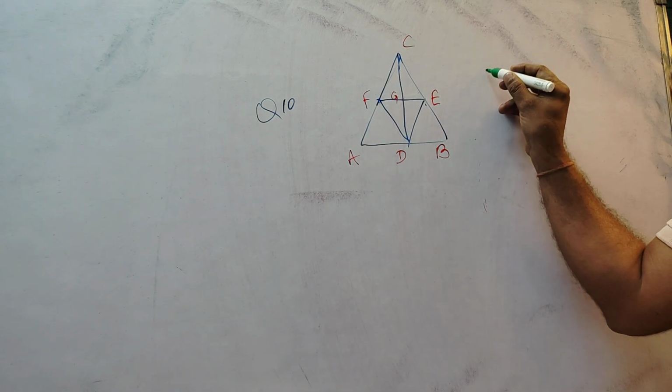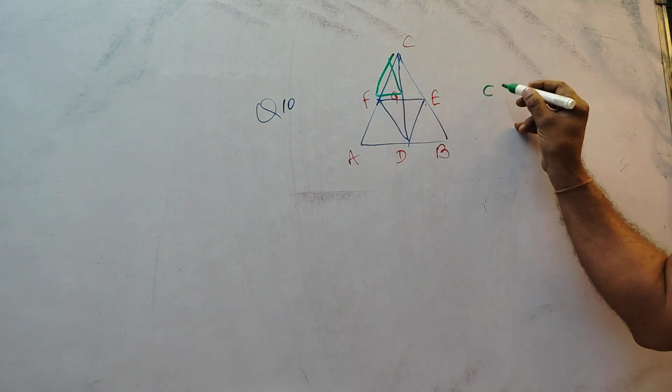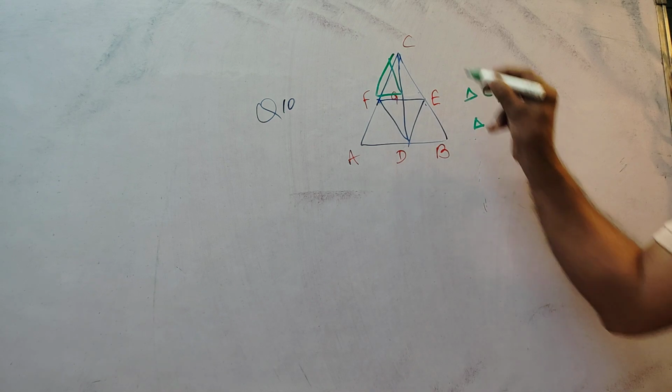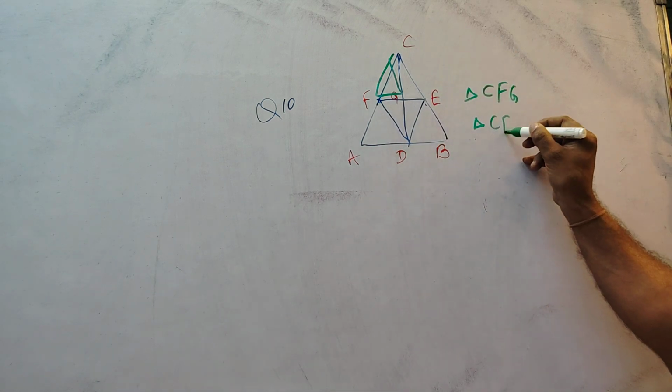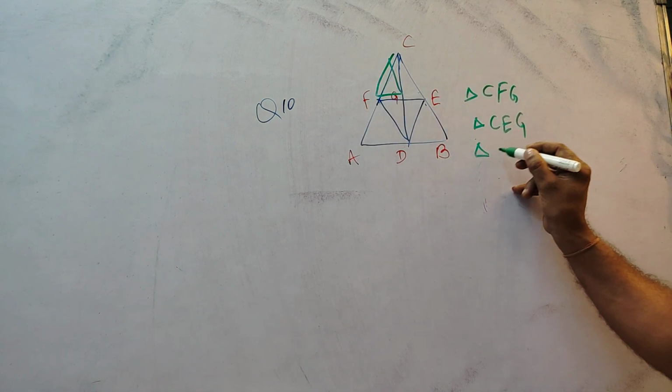At vertex C, the smaller triangles we can consider are CFG, then CEG, then CFE also one.